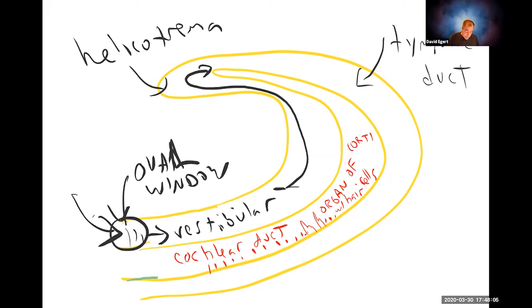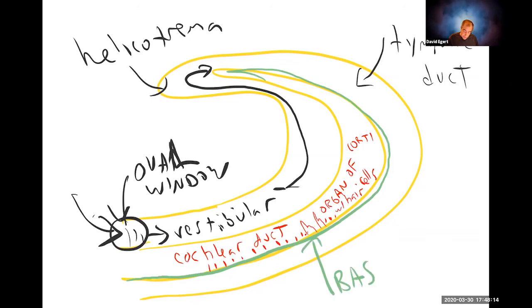And the membrane that the organ of Corti is sitting on top of here is called the basilar membrane. And the basilar membrane has very different qualities. In fact, hold on one sec.